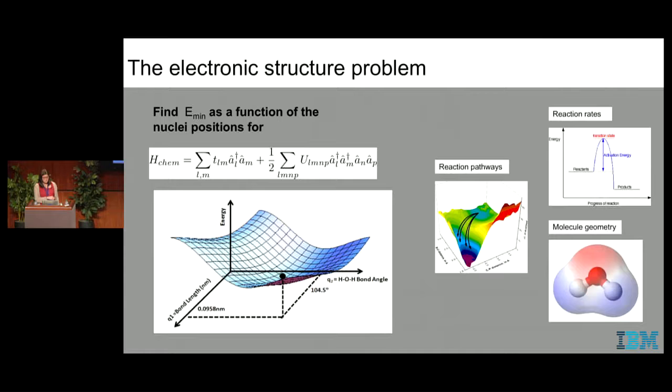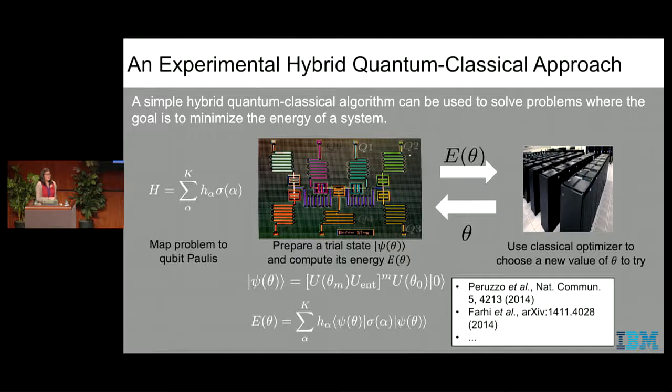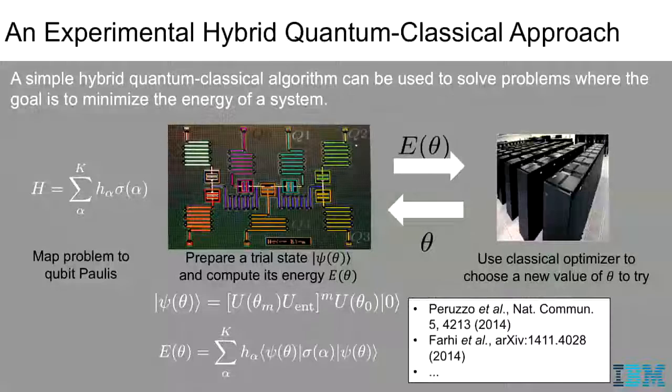So again, the type of experiments that we want to run was this hybrid quantum-classical approach. Some references here. So we would map the electronic structure problem to qubit Paulis. I'm not sure if Sergey is here now, but you could ask Sergey all about this method that we use to lessen the number of qubits required to run this, later if you want.